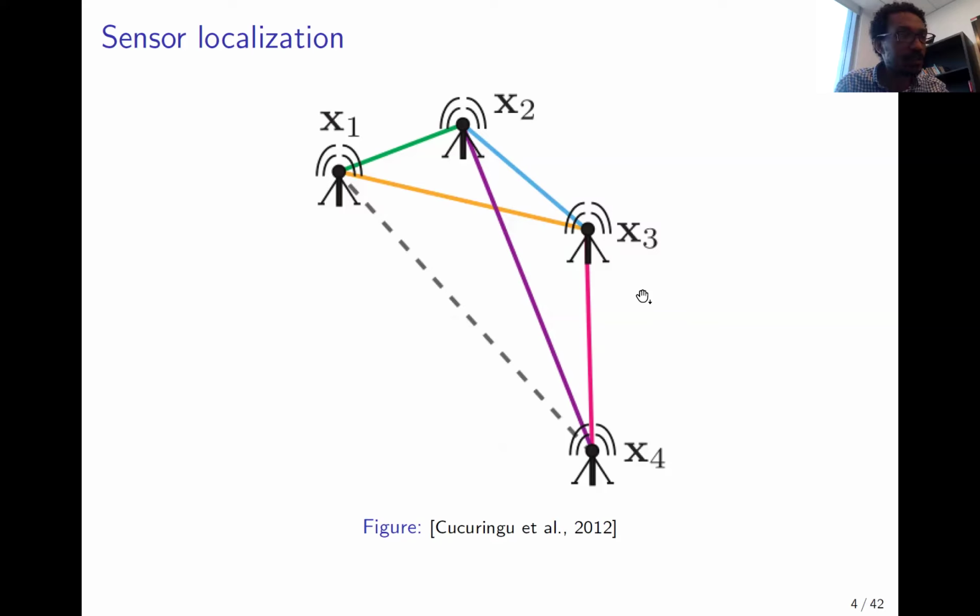But we don't know the distance between X1 and X4, maybe because of geography, or maybe because it's very expensive to have these 2 sensors communicate. The idea in sensor localization is, given the distances that we know where a few of these sensors communicate, could we locate or predict the location of the other sensors? So the input to this problem is the distances.